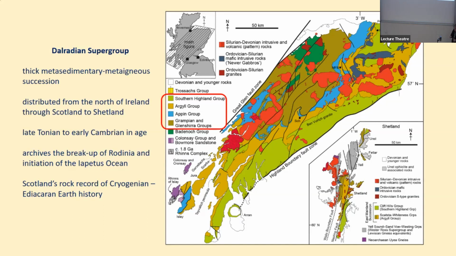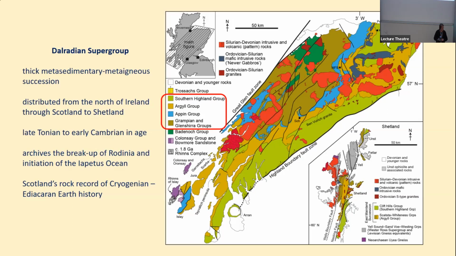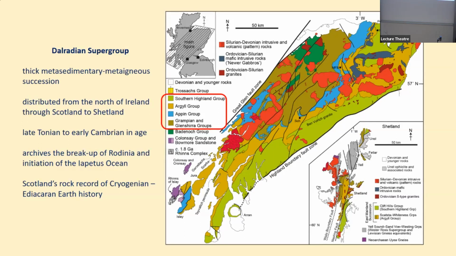And for me, what gets me out of bed in the morning to take a look at these kind of rocks up in the north of Scotland is that it is this record of Cryogenian Ediacaran Earth history, this very critical period in Earth where it's perhaps arguably the second most profound interval of time in Earth history. It's certainly when the advent of animals happened and we had these severe climatic episodes that have now come under the moniker Snowball Earth.